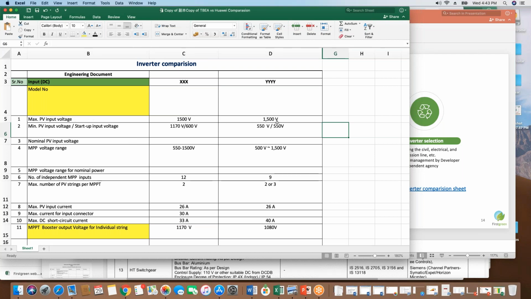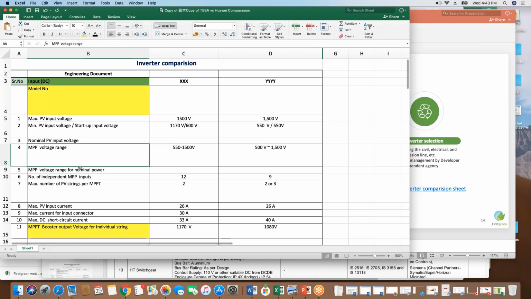Both inverters are 1500 volt. Then you have to check their startup voltage. You can also check their MPPT range. Then how many independent MPPT inputs there are, like in this case there are 12, here it is 9.